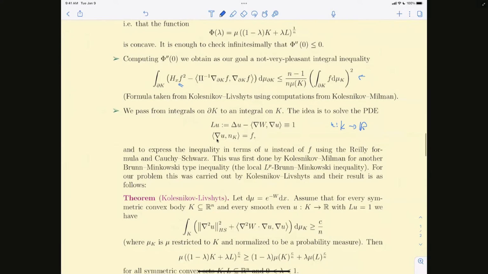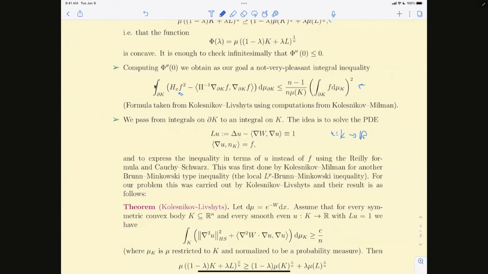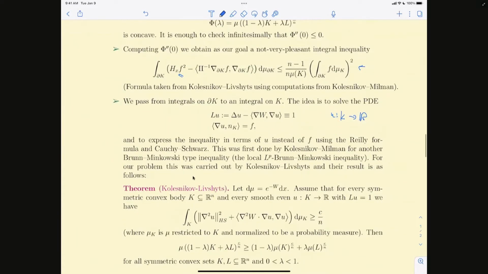And then I take this inequality and I try to write it in terms of u instead of in terms of f. And I will not show you how it's done. Of course, you have to use some differential geometry formulas and Cauchy-Schwarz somewhere, so you lose something along the way. But eventually, you get this statement.